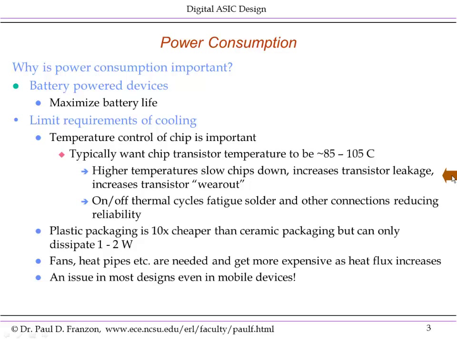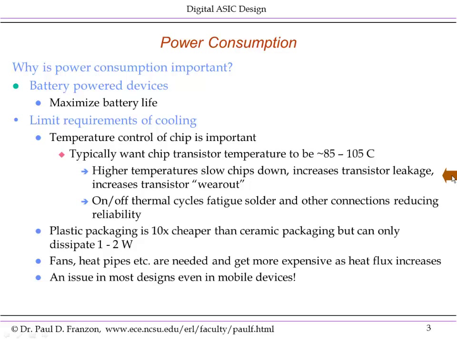So why do we want to limit the chip to this junction temperature? Well, in general, the reliability of anything gets exponentially worse with temperature. There actually are transistor wear out mechanisms. Until recently, we didn't worry about these things, hot carrier injection and NBTI.